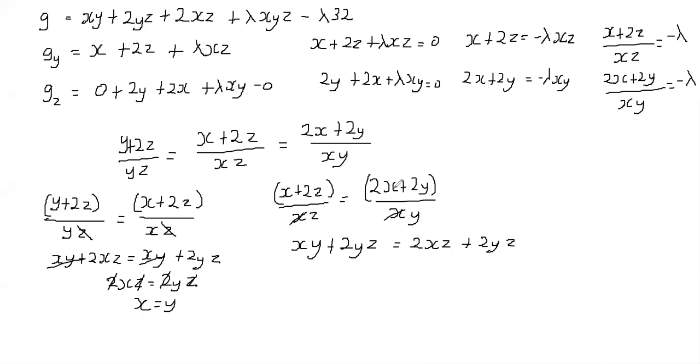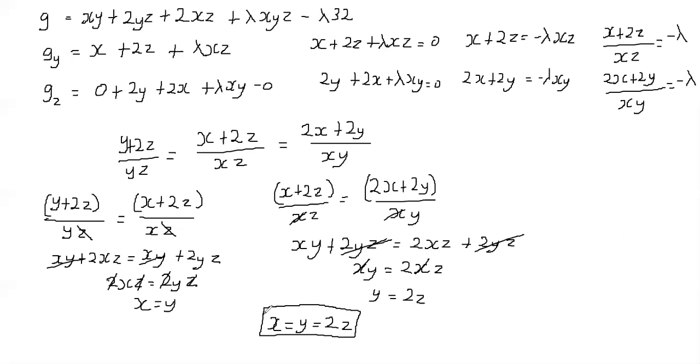When you are multiplying, first write x, then write y, and then z. In this we have 2yz on both sides, so we can cancel it out. So xy is equal to 2xz, so we can cancel out x. So finally we have y is equal to 2z. So we have x is equal to y and we have y equal to 2z. So finally we can write the equation as x is equal to y, that is equal to 2z.